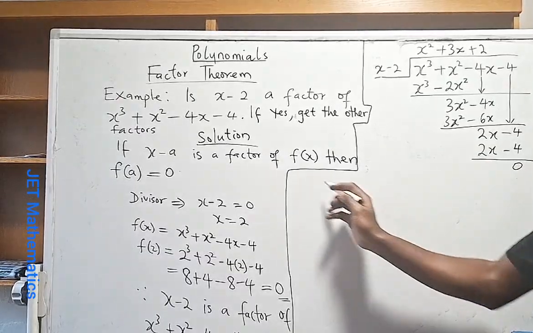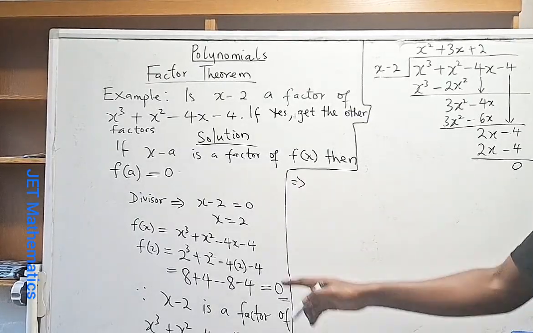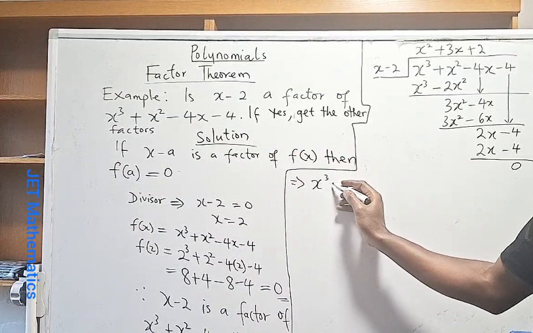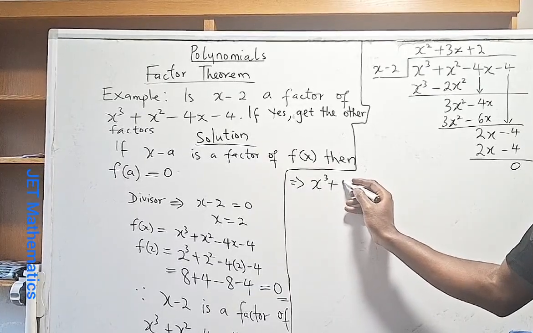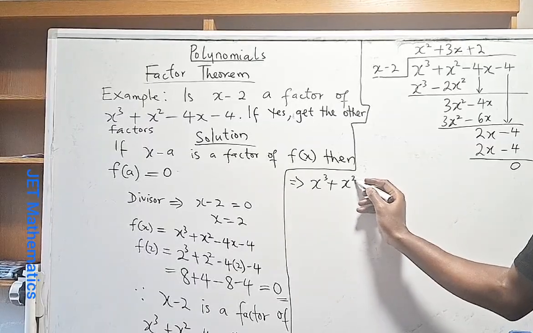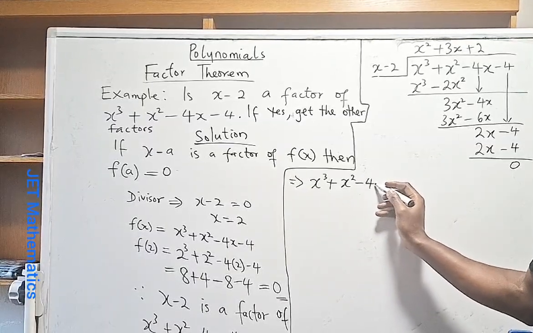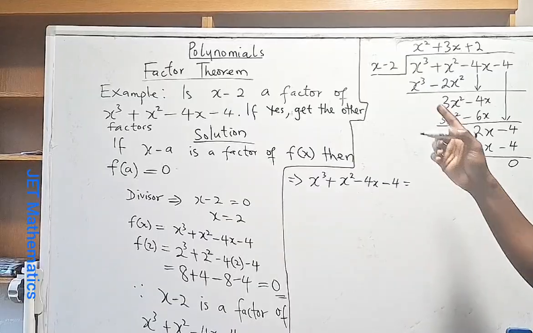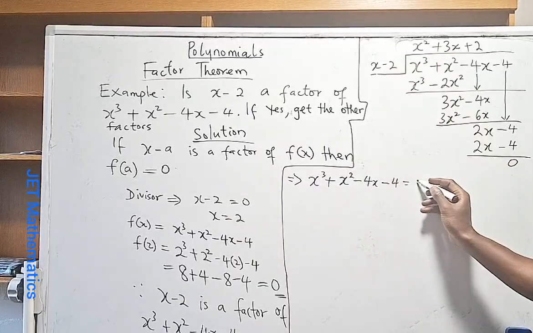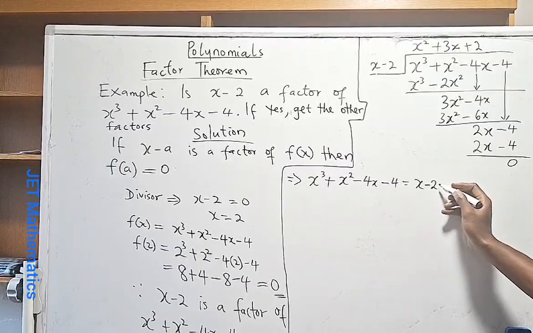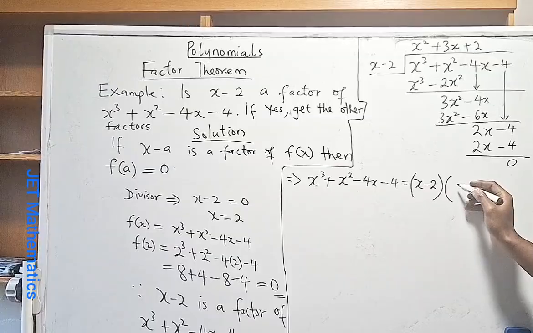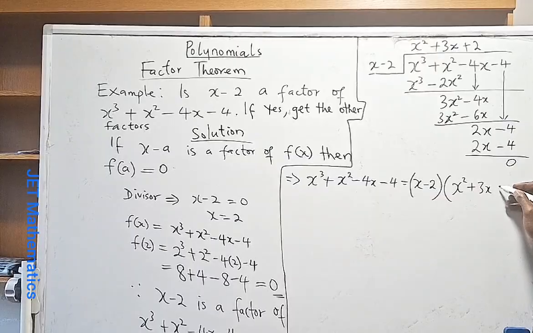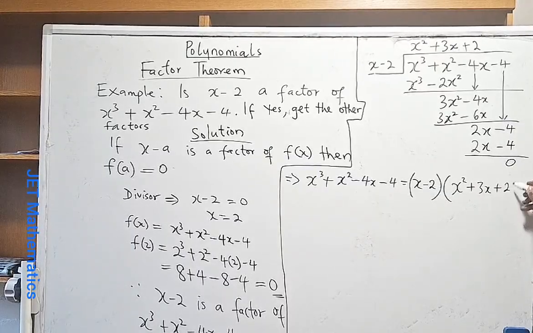Okay, so this implies that this polynomial x cubed plus x squared minus 4x minus 4 is equal to the product of this and this, which is x minus 2 multiplied by x squared plus 3x plus 2.